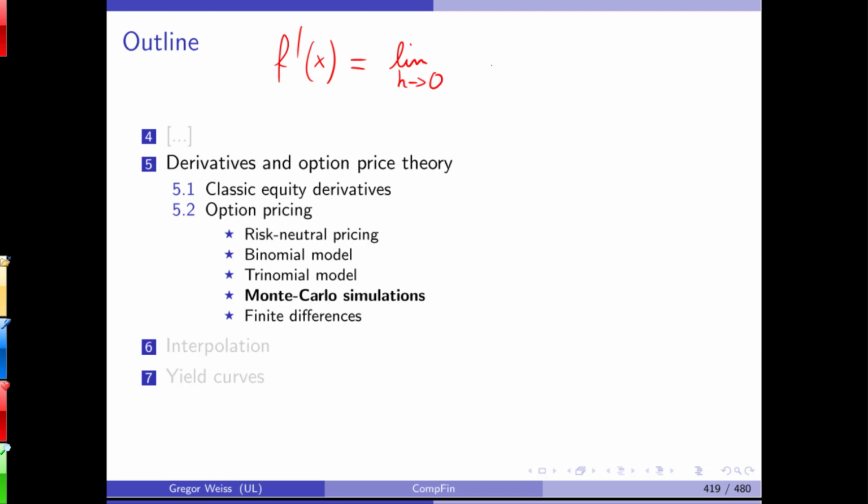It's f of x plus h minus f of x, divided by h.